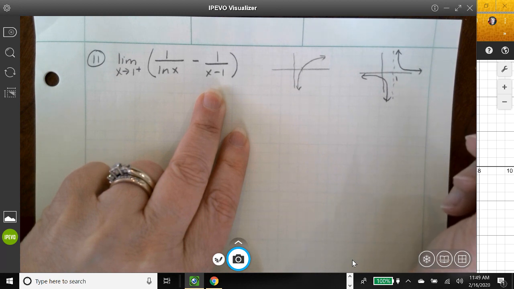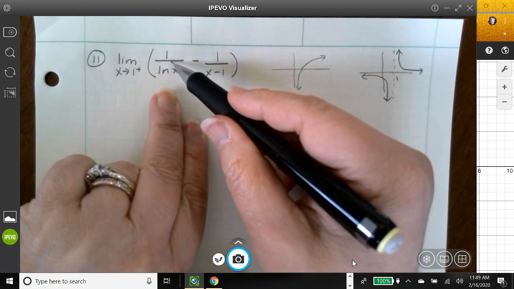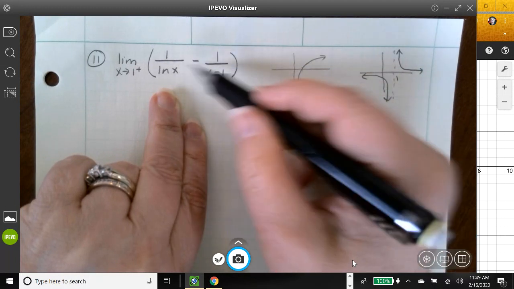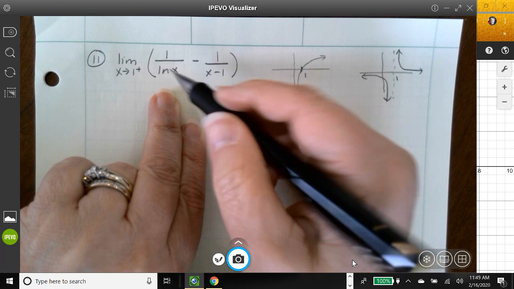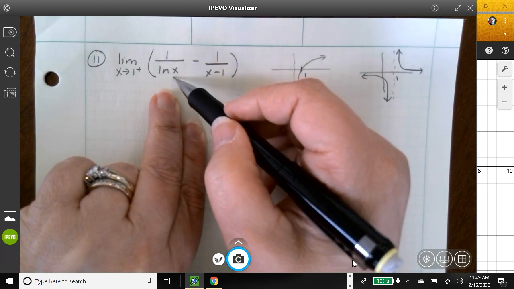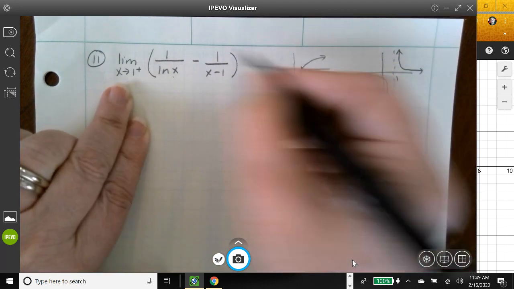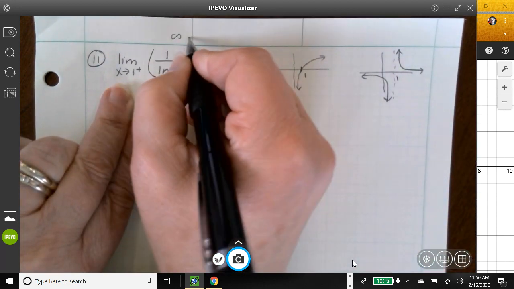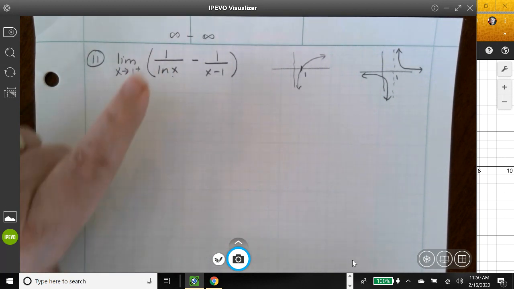Okay, so let's see what this one is. We're approaching, the natural log function is approaching 0 at 1, isn't it? So this is really like 1 over 0 from the plus side. So this is going to be infinity minus infinity. And if you have trouble seeing that, come and see me and we'll talk about how that works.